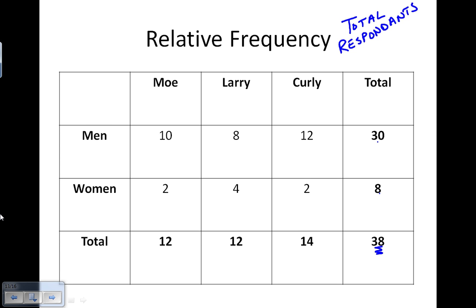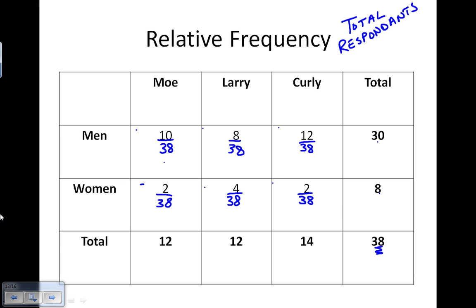So what we need to do is take each one of our boxes, and set up a ratio over the total number of respondents. So we can say 10 over 38, 8 over 38, 12 over 38, 2 over 38, 4 over 38, and 2 over 38. What that's going to tell us is what percent of all people voted in each situation.